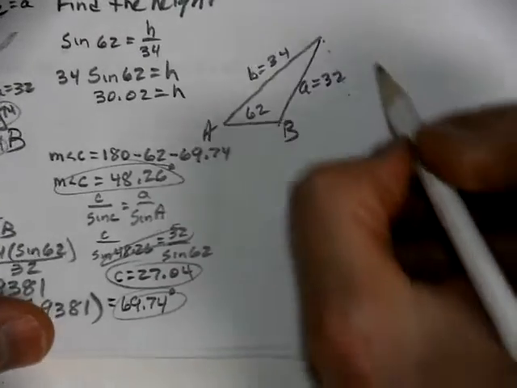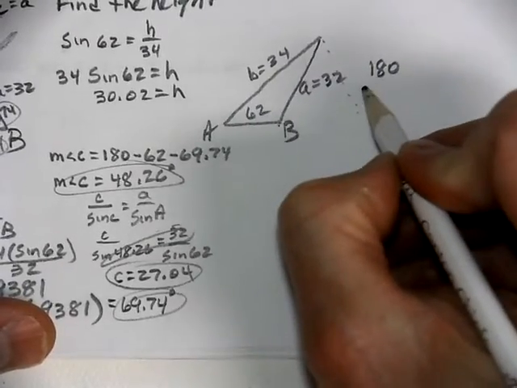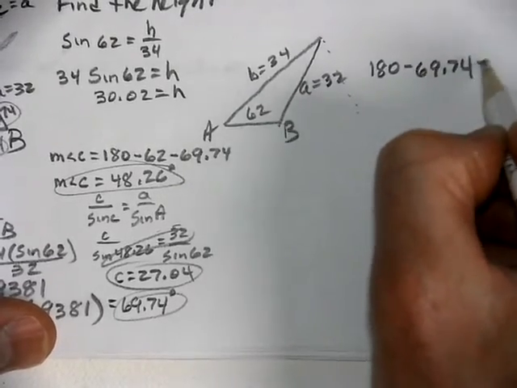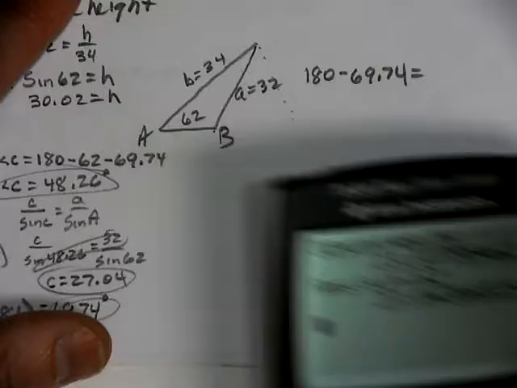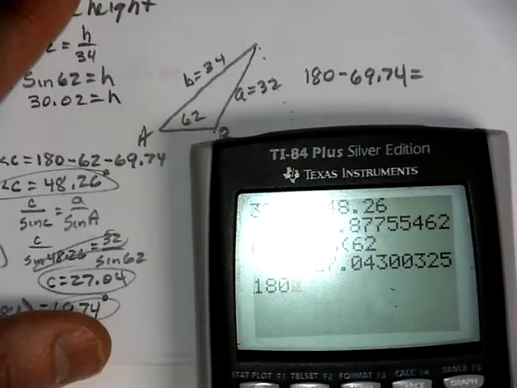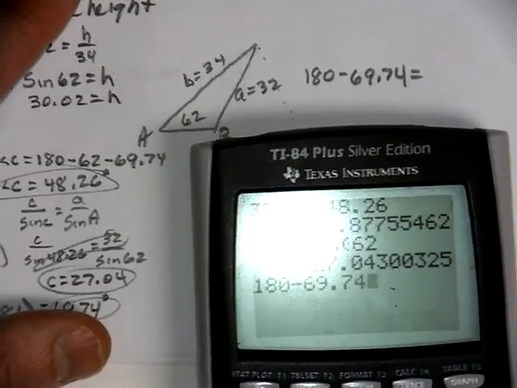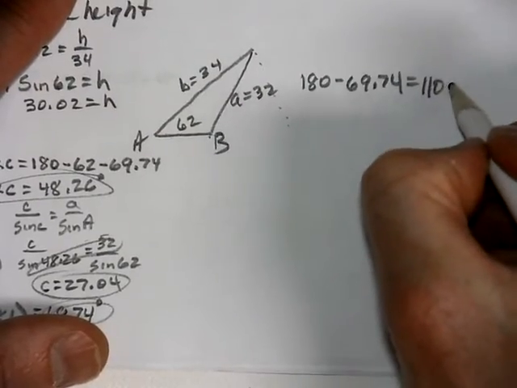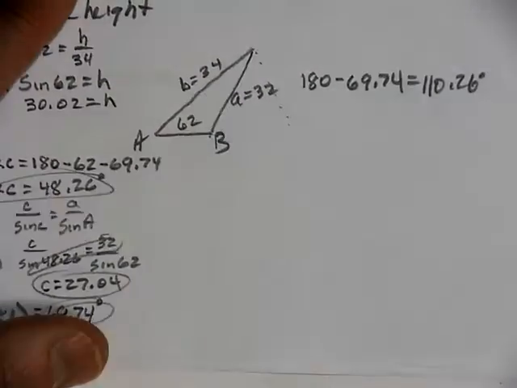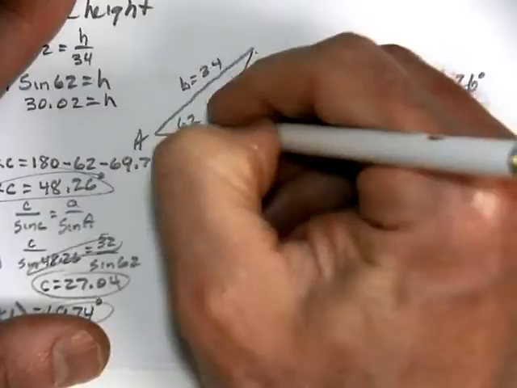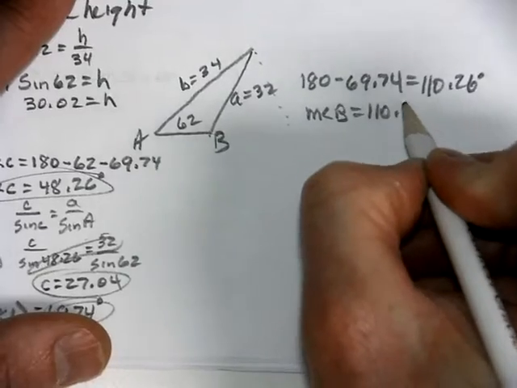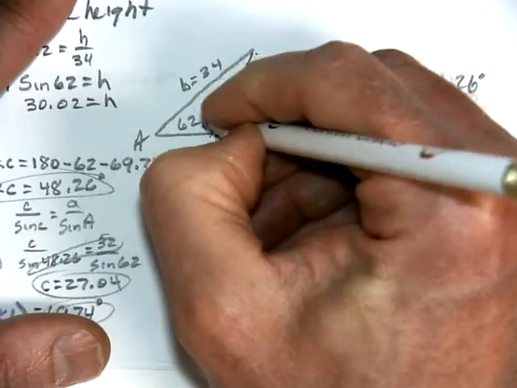And we do this by 180 minus the 69.74. And we get 110.26. So this angle here, the measurement of angle B is going to be 110.26.